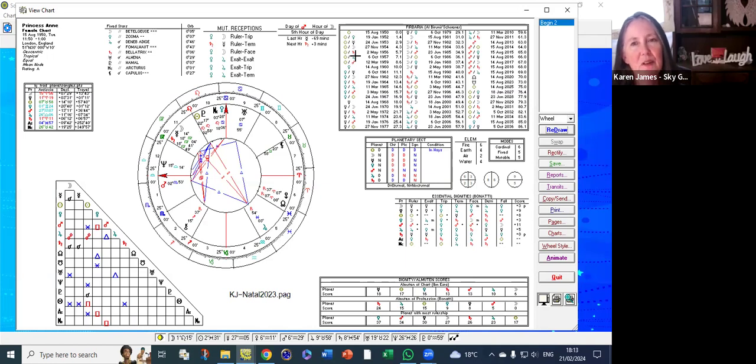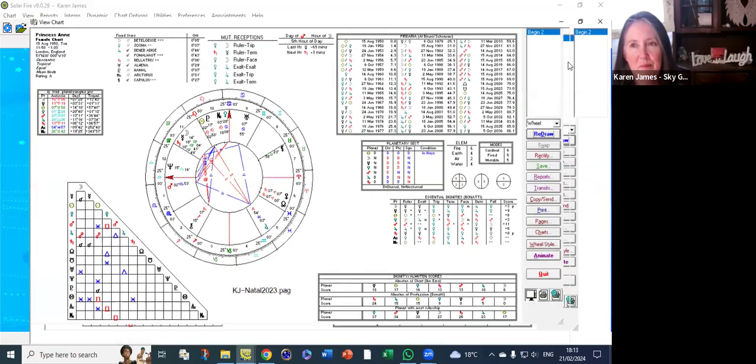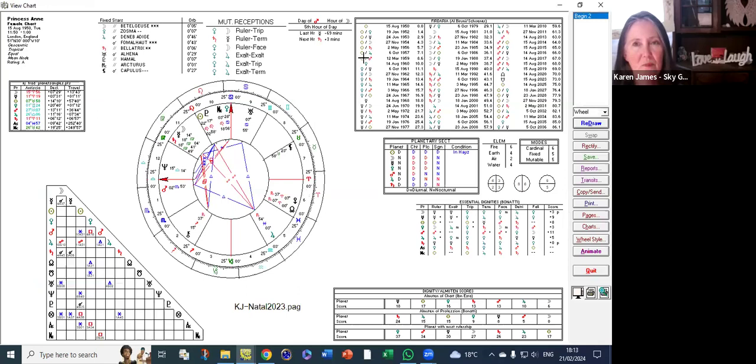And so here we can see I have this on my natal chart page, the Firdaria table.